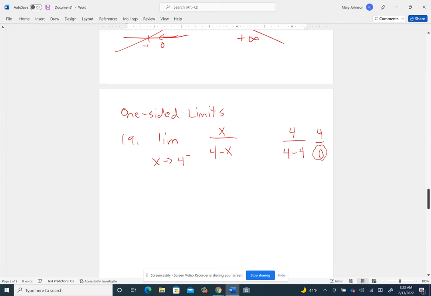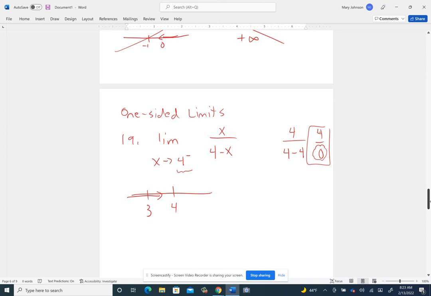Any constant, when you divide by 0, causes that expression to blow up either towards positive or towards negative infinity, depending upon what's going on as you approach that critical number. So I'm approaching 4 from the left, so from 3, going this way. You know it's an infinity. You're just trying to decide the positive or negative on this one.